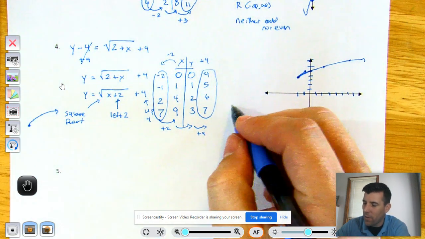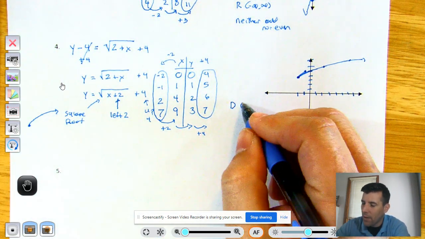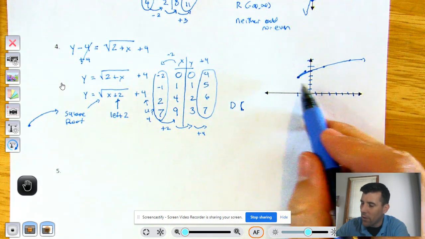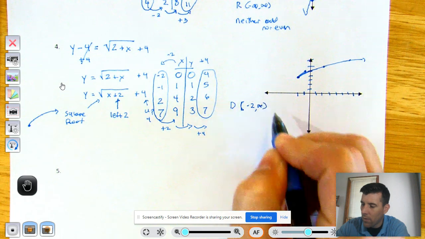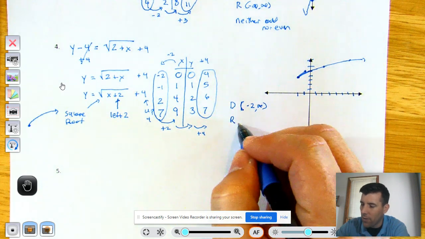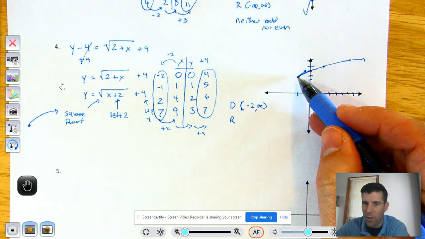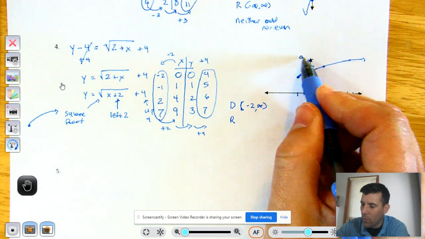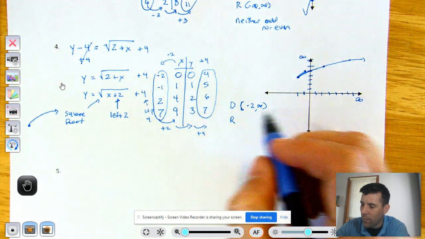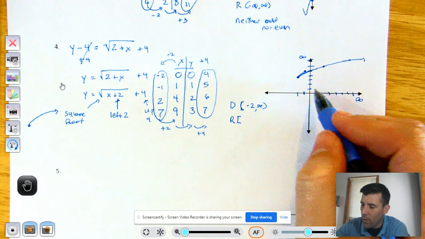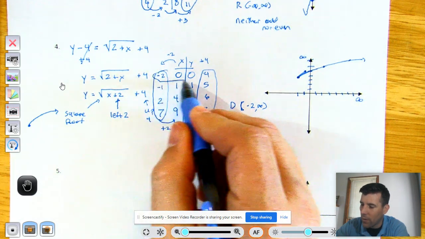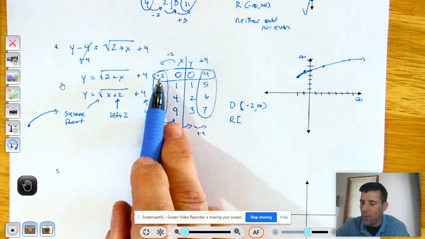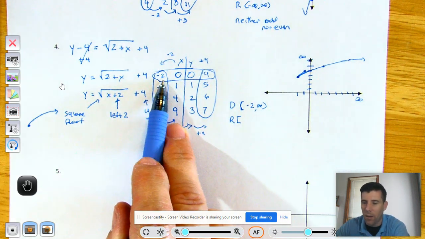Domain, it is going to have a bracket because it's going to start at this value, negative 2, to infinity. Range is also going to start at this value, but it's going to go up towards positive infinity for y. So here we got 1, 2, 3, 4. And so with these starting 2 points, you'll notice that the domain starts with this first x value and the range starts with this first y value.